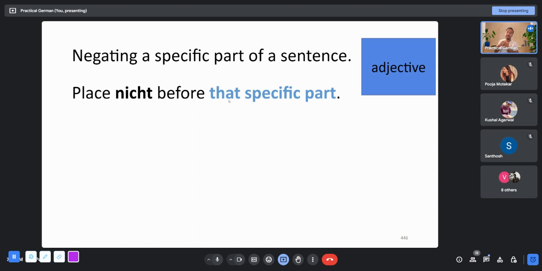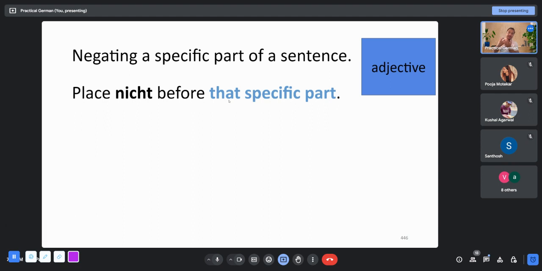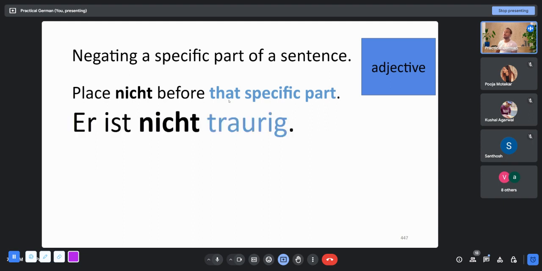For example, I can say ich habe ein Laptop. Here the object is a noun. But I can also say ich bin glücklich, I am happy, and glücklich is not a noun; it's an adjective. So when the object is an adjective, you'll be negating that adjective. Here are some examples.